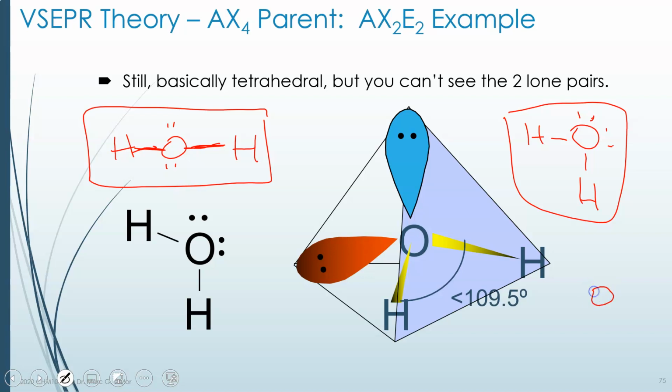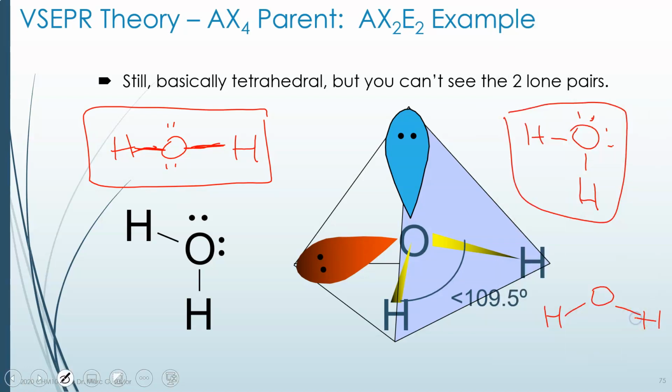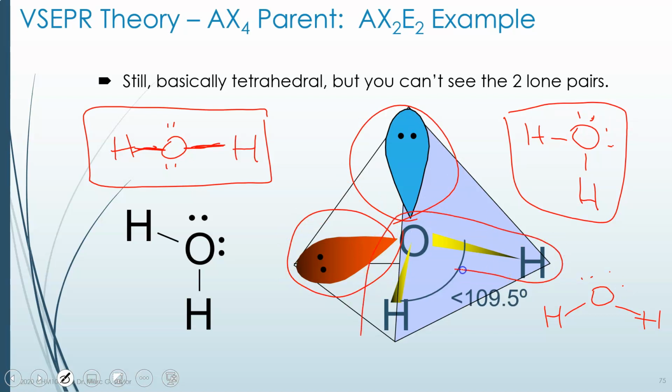And this is why you'll frequently see water drawn as this bent molecule, because water has two pairs of electrons that are just taking up space. And you only really see the remaining part of the water when you're looking at water with some kind of chemical method, or maybe even a super high-powered scanning tunneling microscope that can actually see this.